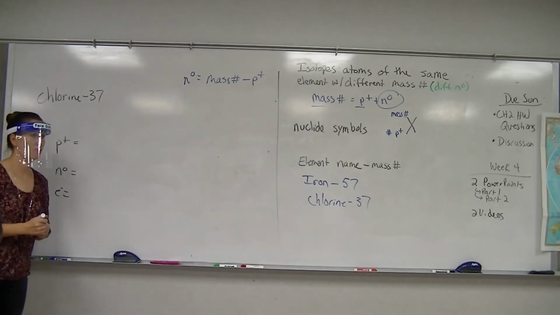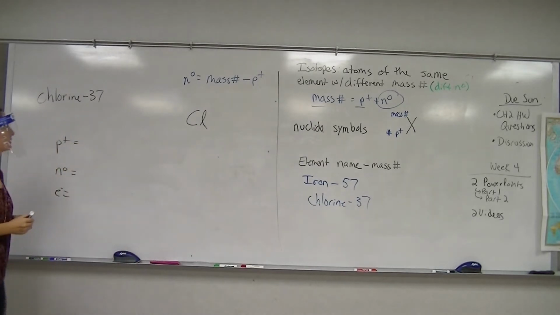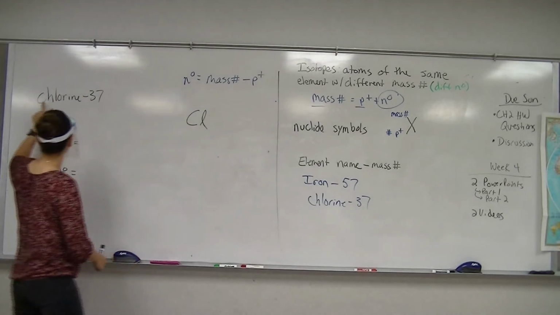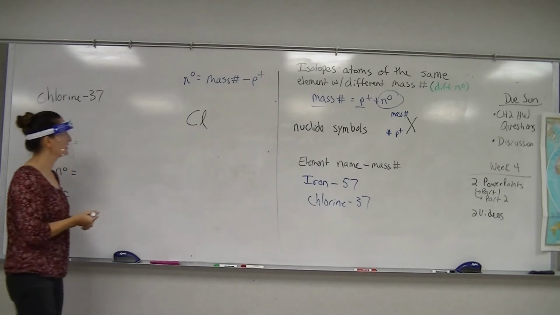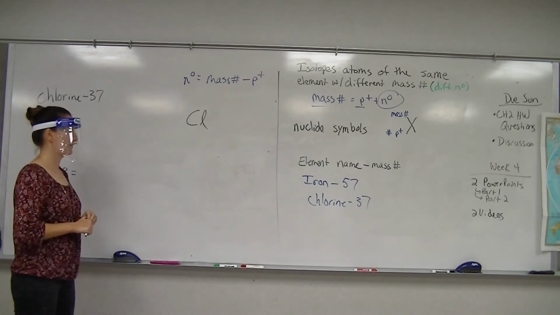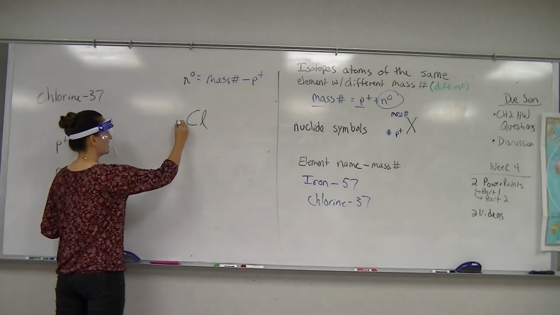What letters represent it? Cl. Yes, it is an L. I know, it's hard to tell because it's just a line on the periodic table, right? But it is Cl because for chlorine, I guess they skipped the H and chose the L for the second letter. So how many protons does it have? What's its atomic number? 17, so that's going to go down here.